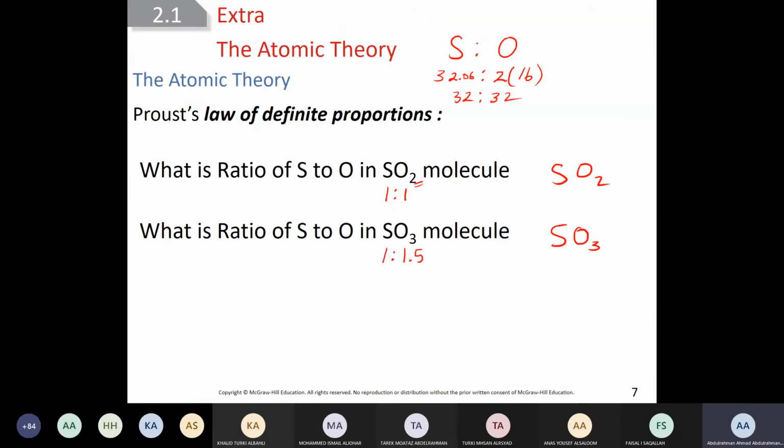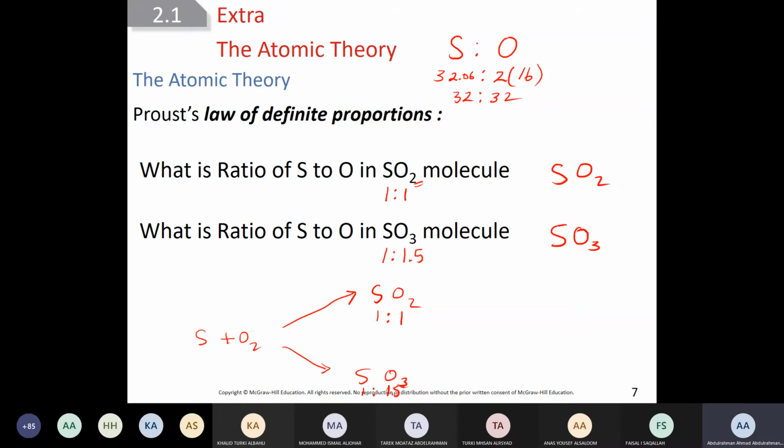Let's do it for this example. S is reacting with O2 to make SO2 and SO3. Now, let's do the definite proportion. What's the ratio here? 1 to 1. How about this one? 1 to 1.5.